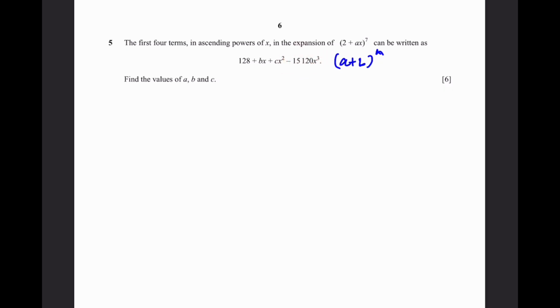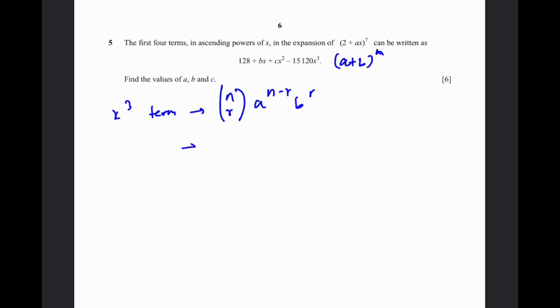We can find the x cubed term using n choose r of a to the power of n minus r, b to the power of r. And here, since it's the x cubed term, r will be equal to 3 for all of this. We know n, we know a, we know b.